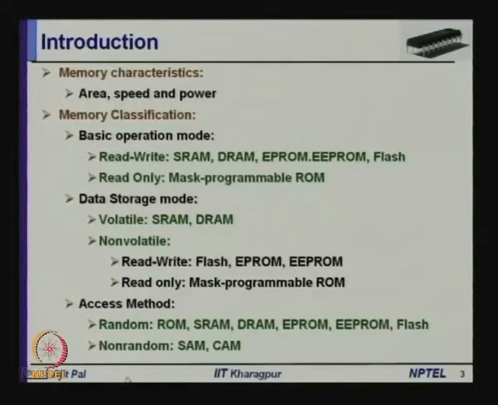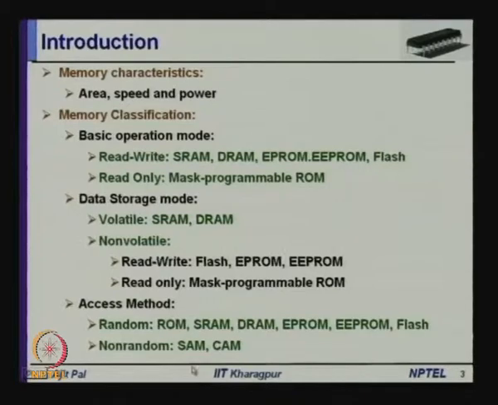So, there you have to read in a sequential manner, that is why they are called non-random. In case of content addressable memory, actually the entire memory is searched, and wherever there is a match between the key and the element which is being stored, that data is read. So, in such cases these are non-random in nature. So, this is how you can classify the memory devices.